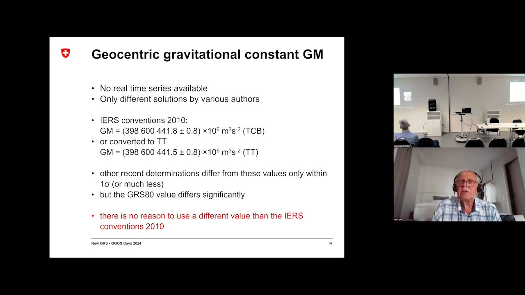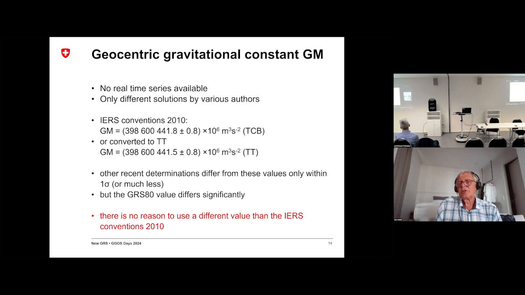For GM, there are not really time series available, but only different solutions by various authors. So we have the value of the IERS conventions, given in barycentric time, or converted to terrestrial time, it's a small change in the value.